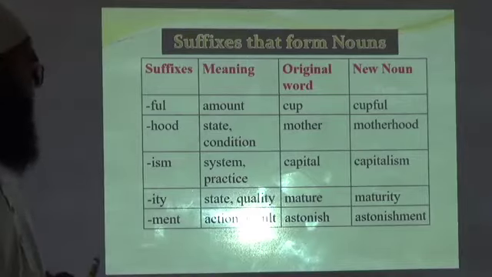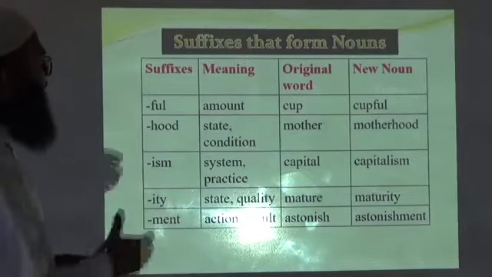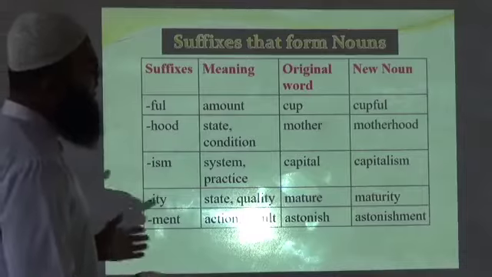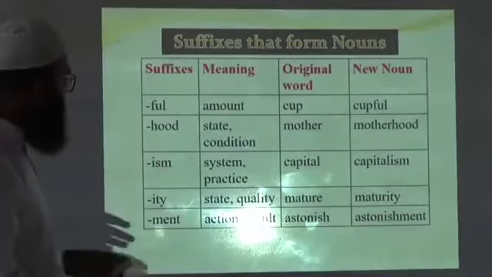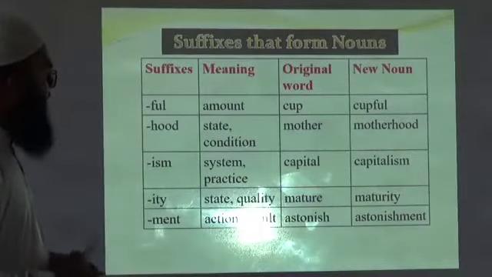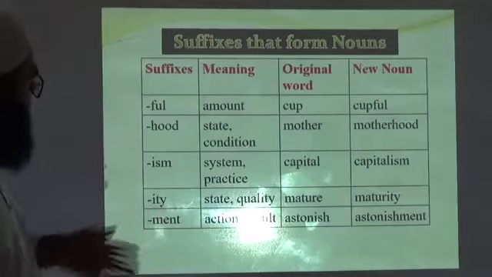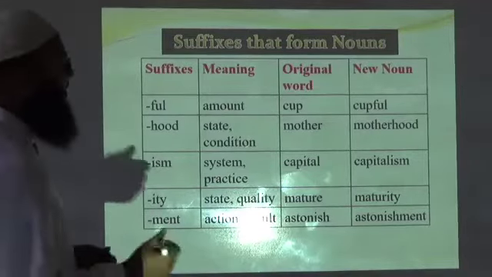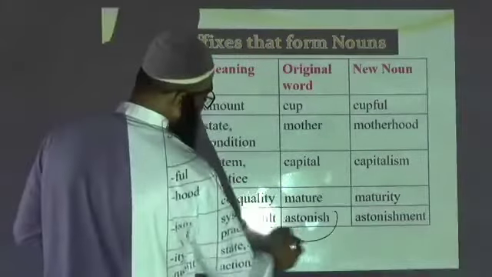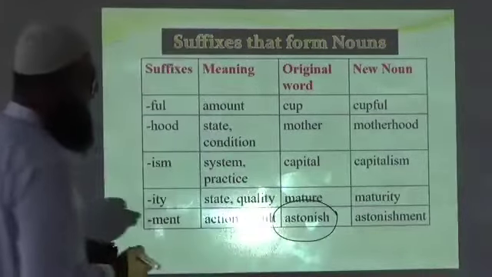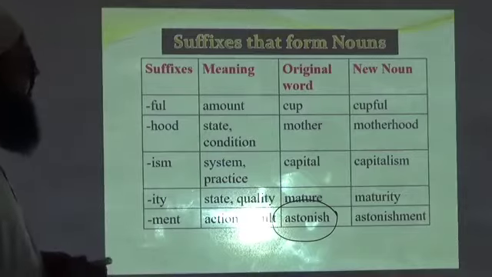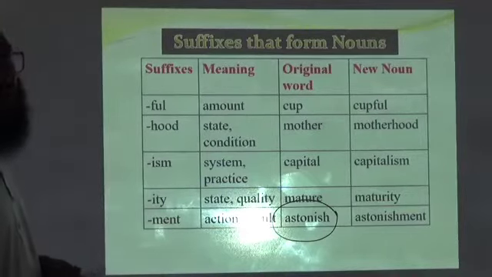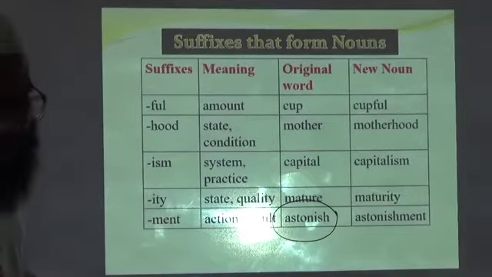Mature is an adjective, পরিপক্ক, and maturity means পরিপক্কতা. MENT, its meaning is action or result. Astonish is a verb, আশ্চর্য হওয়া, being surprised. Astonishment, আশ্চর্য.